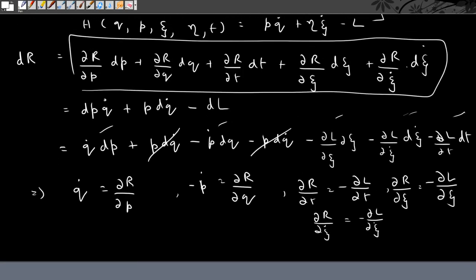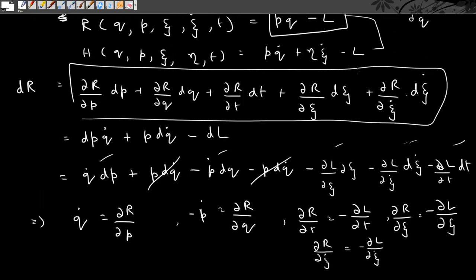And if we see our Euler-Lagrange equation for xi, we will have d by dt of dou L by dou xi dot is equal to dou L by dou xi.